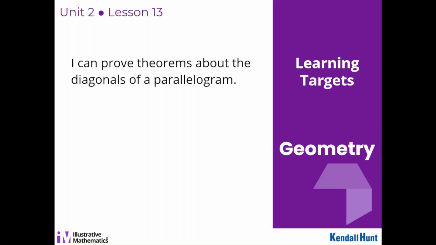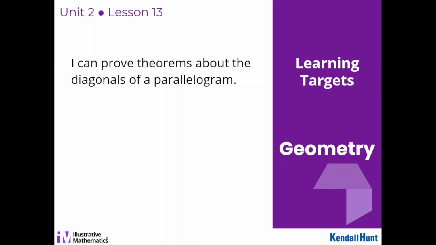So if you think about that second practice problem, we were able to use parallel lines to then say that the diagonals were transversals of parallel lines, which allowed us to identify alternate interior angles, to identify the diagonals as being the same line, therefore congruent to itself, and be able to use all these things that we know about the diagonals to come up with ways to prove that a quadrilateral was not only a quadrilateral, but also a parallelogram.